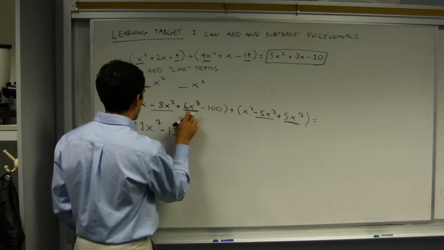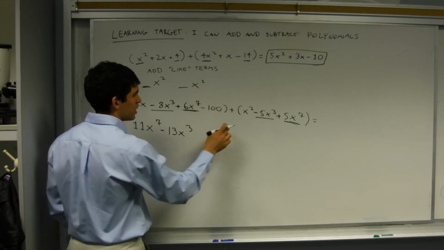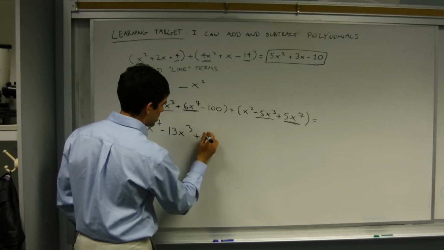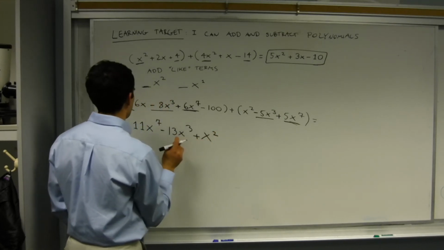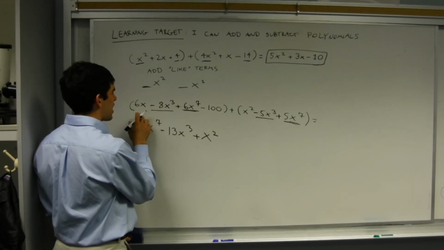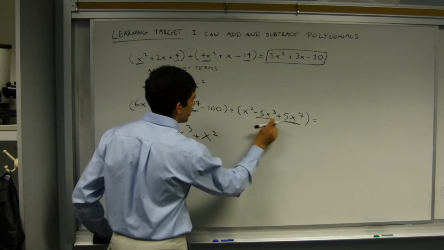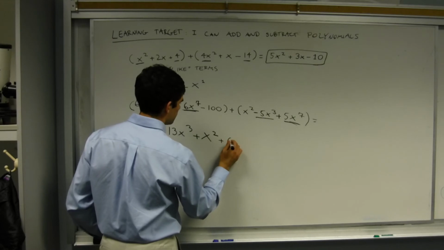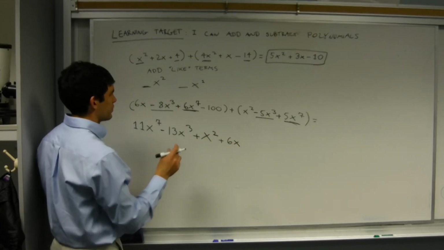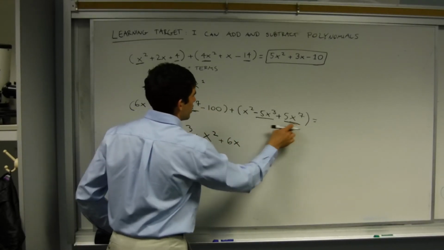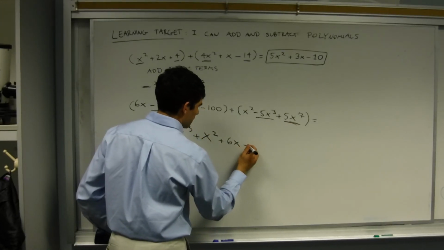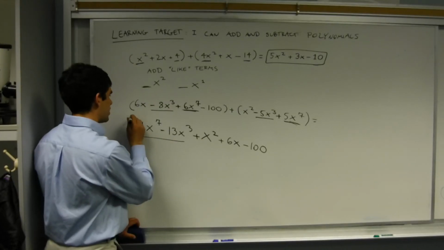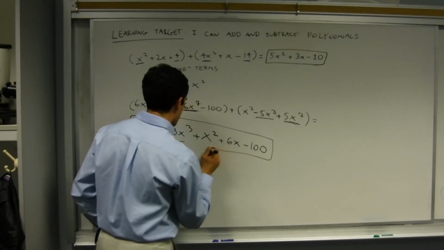We have no x squared term here, but we have 1x squared over here, so that just stays by itself. Then we have 6x here, and no term with x to the 1st power over here, so that gets left alone. And then we have minus 100, and no like term over there, so we have minus 100. And this will be our answer.